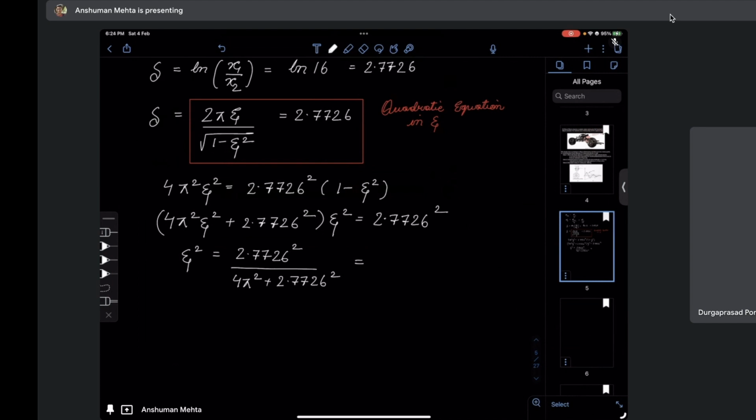Which comes out to be, I am again using calculator, 0.16298.